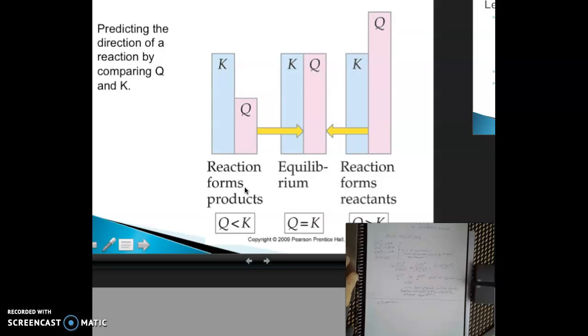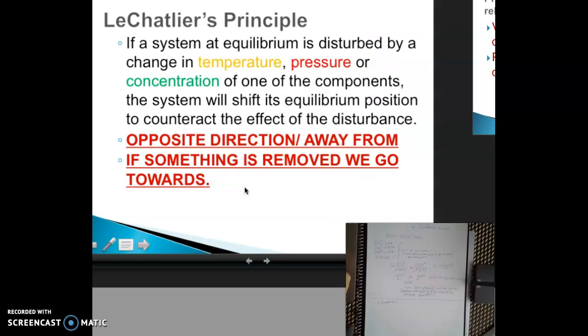Which way will that reaction shift? We can make lots of predictions using what we know about Le Chatelier's principle. So here's the big idea for you. If a system at equilibrium is disturbed by changing the temperature, the pressure, or the concentration, then the system will shift to counteract the effect of the disturbance.